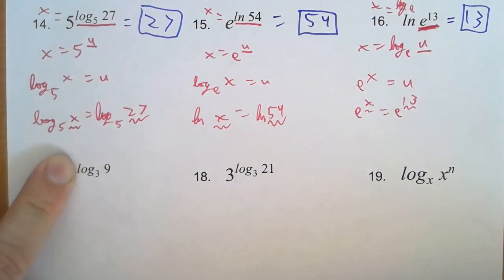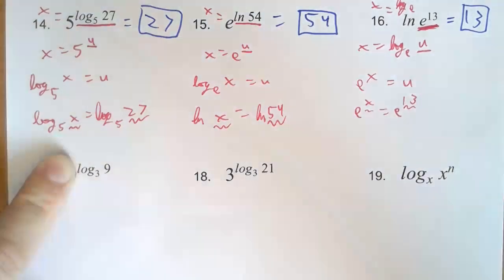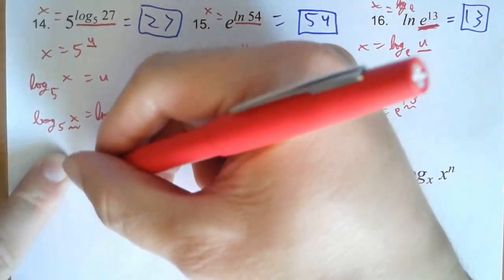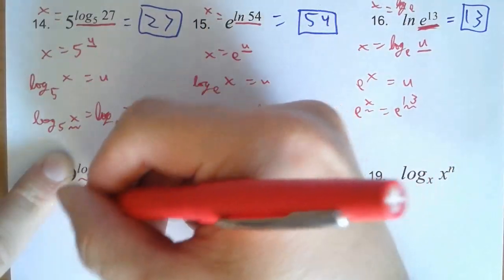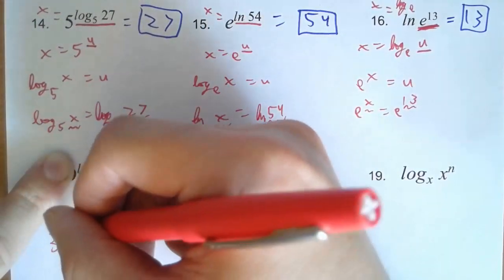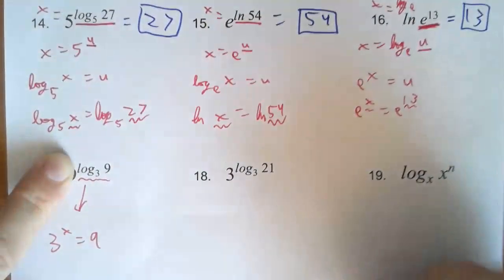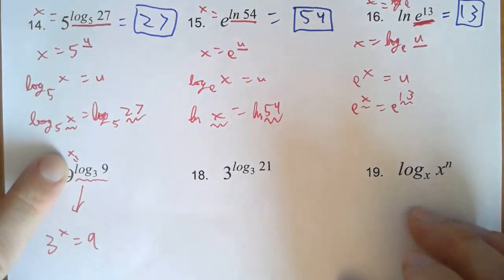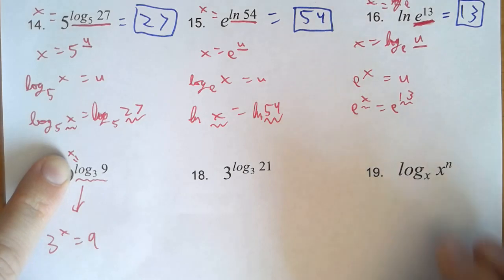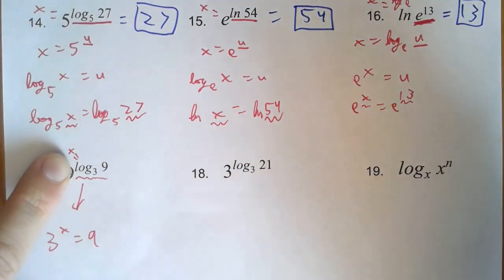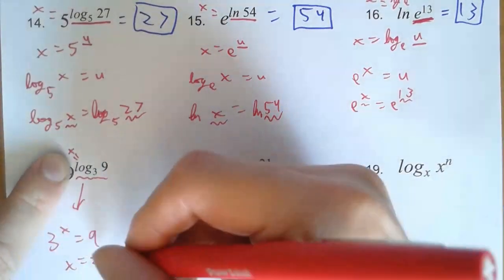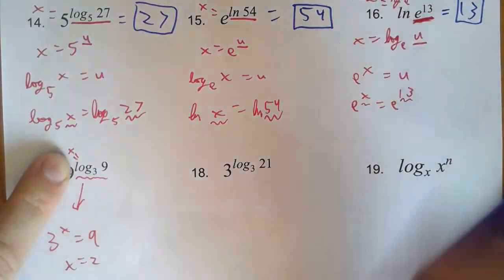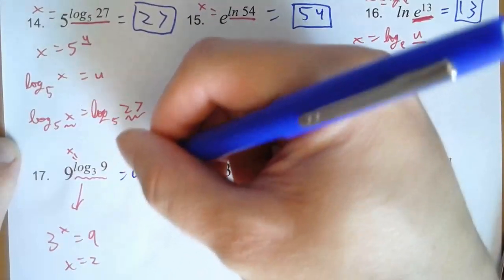Take a look at this first. If I asked you log base 3 of 9, hopefully you would know that. If you needed to write it out, log base 3 of 9 means 3 to the what is 9. You could set that equal to x. Well, that's 2. So log base 3 of 9 is 2.